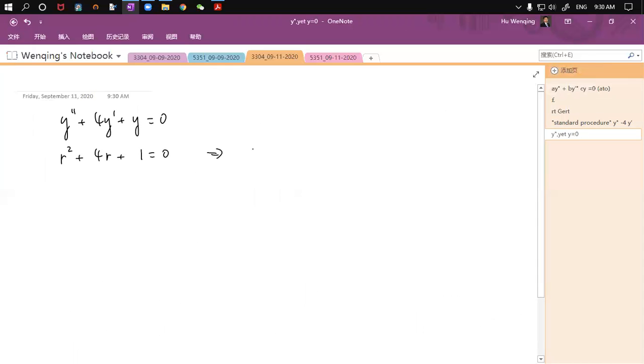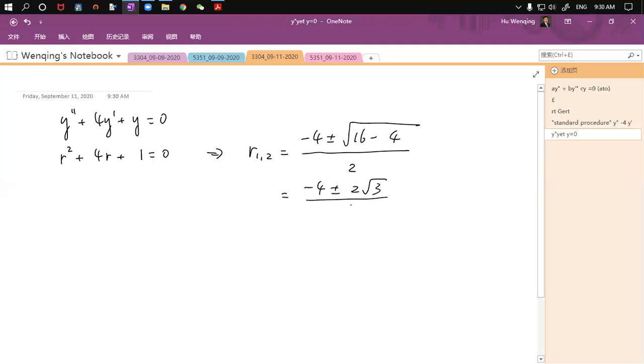You get r1,2 is equal to minus 4 plus or minus the square root of 16 minus 4ac, divided by 2a. So that's minus 4 plus or minus the square root of 12, which is 2 square root of 3, divided by 2. So that's minus 2 plus or minus square root of 3. That's the solution.